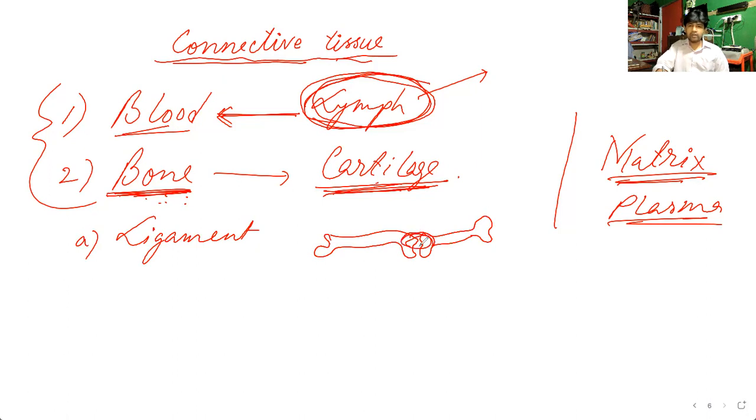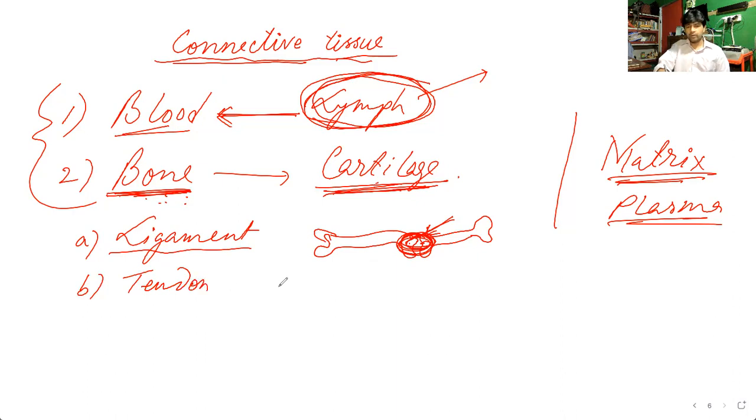Like a thread, a thread-like connective tissue binds two adjacent bones. Two nearby bones are bound by this connective tissue, and that is the ligament. So ligaments connect bones. In the same way, another connective tissue is the tendon.